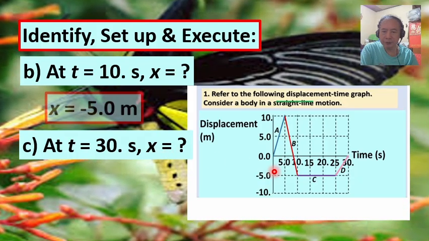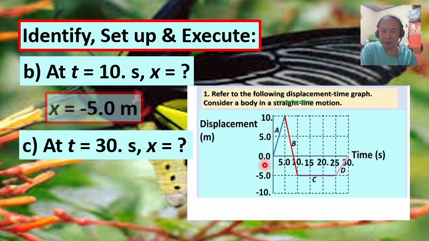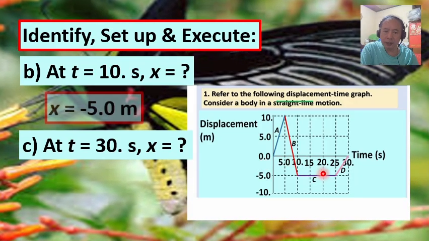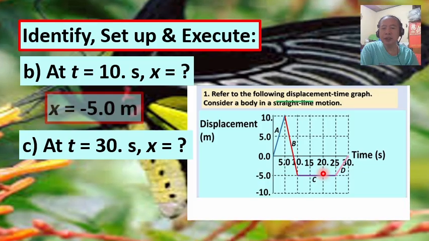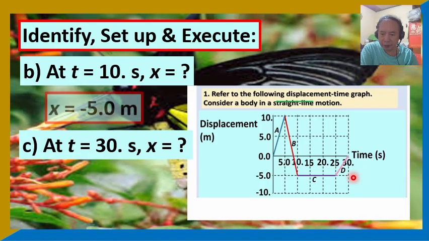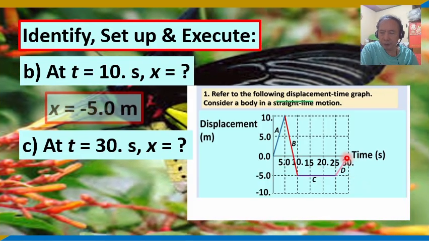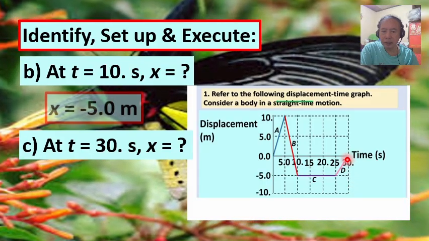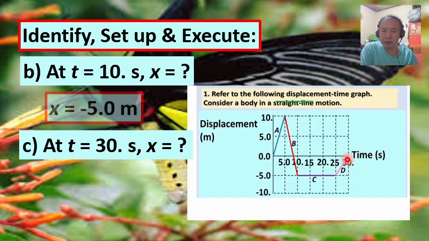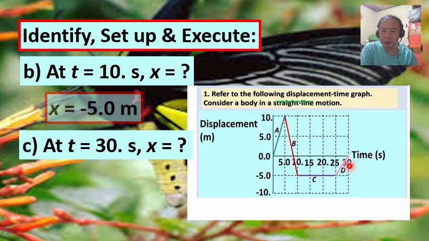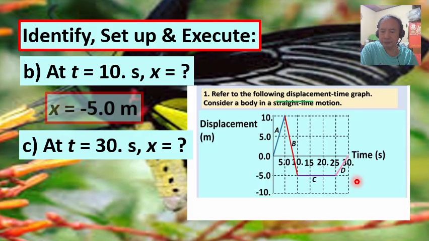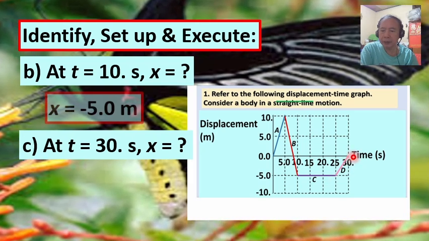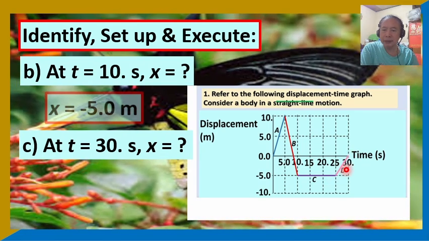So again, using our graphical technique, locate where time equals 30 point seconds is located in the graph, right? And you will notice that that point representing time equals 30 point seconds is at the final point of the graph line D, right?